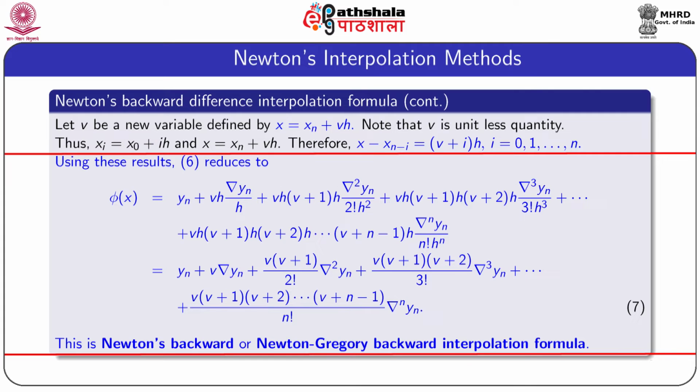Here also note that the number of h in the numerator and denominator in each term are equal. So, after cancelling h, we get the last expression: yn plus v nabla yn plus v into v plus 1 by factorial 2 into nabla 2 yn and so on. Here also we see that the first term is a constant term, the second term is a polynomial in v of order 1, the third term is a polynomial of degree 2 and so on. The last term is a polynomial of degree n, and this formula is known as the Newton backward or Newton-Gregory backward interpolation formula.